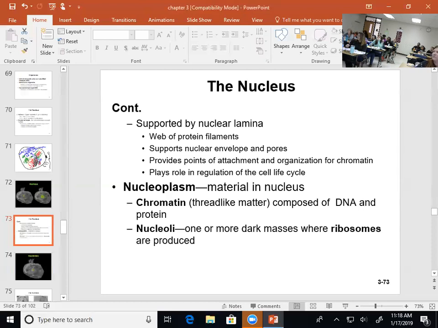So half came from your mom and half came from your dad. Is that right? For any sexually reproducing organism, it means that two parents contributed to the DNA, 50-50.